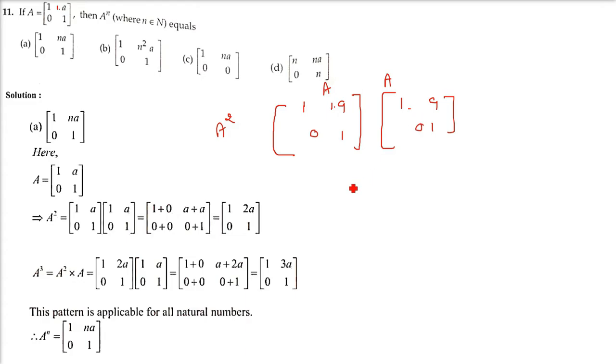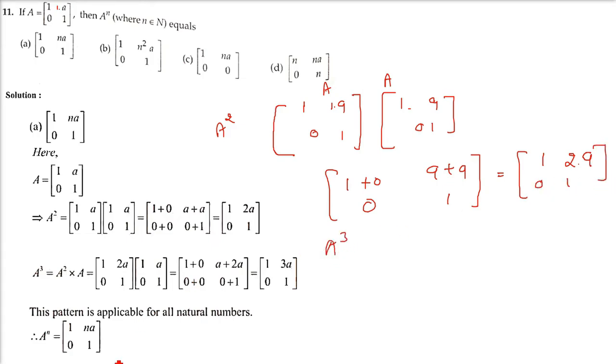1 into 1 plus A into 0, leave it. 1 into A plus A into 1 is 2A. 0 into 1 is 0 and 1 into 0 is 0. 0 into A is 0 and 1 into 1 is 1. So what do you get? See, this is 1, 2A, twice of A. Initially I told you that this is 1A, now it is 2A.